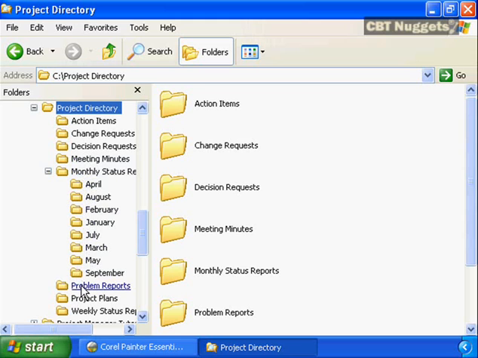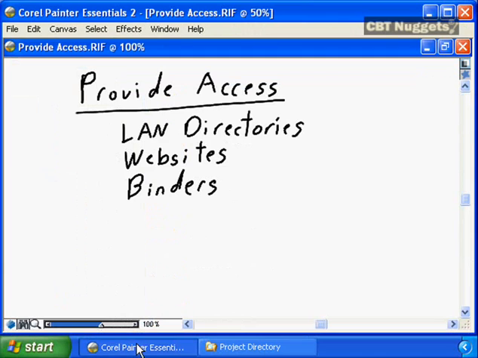You need to store the problem reports, the project plans, the weekly status reports, and so on. Each and every formal communications piece that you produce on your project needs to be archived and needs to be easily and effectively available to anyone who has the rights, the authority, the need to retrieve and view that project information.